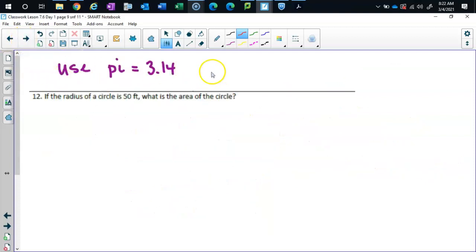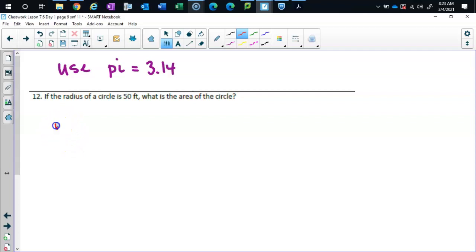Okay, now this is at the bottom of page 9, same page. Okay, I want you to use pi as 3.14, and I want you to find the area. Oh, it says if the radius of a circle is 50 feet, what is the area? Go.